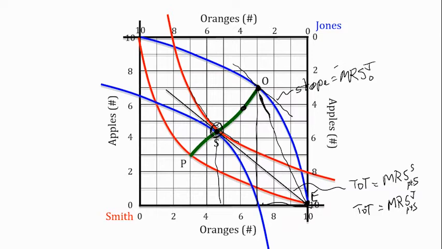Economists would then say, as long as they're maximizing utility, they will reach a unique equilibrium outcome at point S, and that would be the point to which they trade. It does satisfy the condition that it's Pareto optimal. They've exhausted the gains from trade, and we can move on from there.